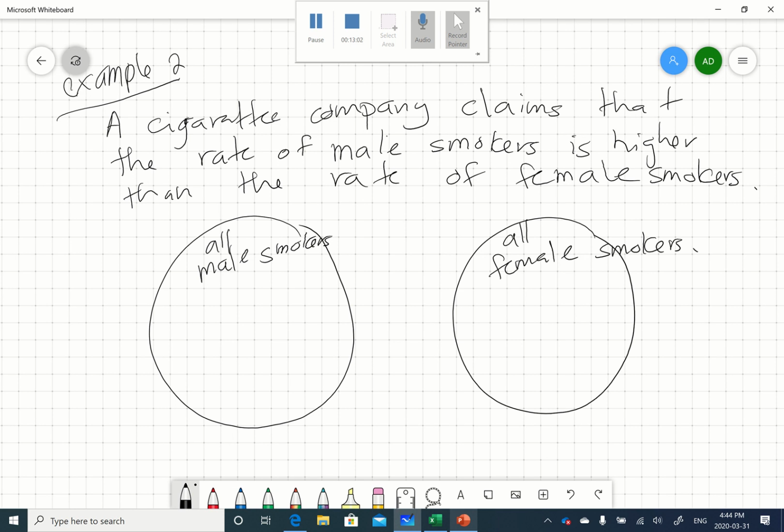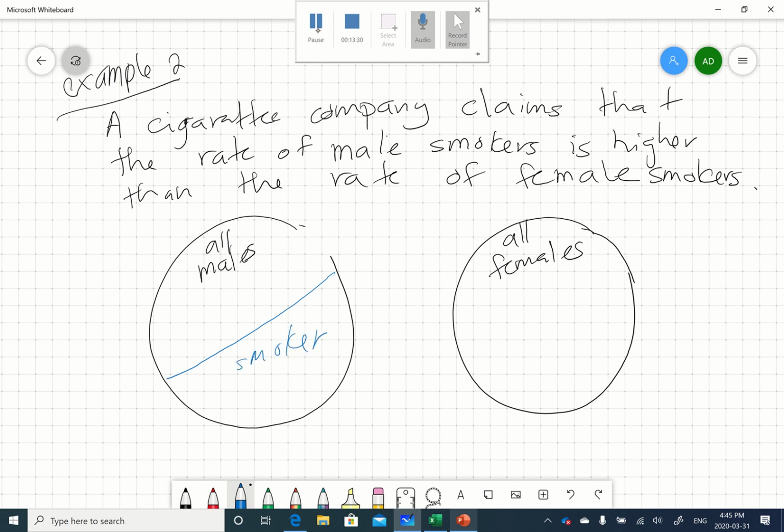So what they're saying is, well, actually it's not just about the smokers. It's like all male population versus all female population. All males and all females. So then what we are trying to figure out is, out of this male population, what portion are smokers, right?